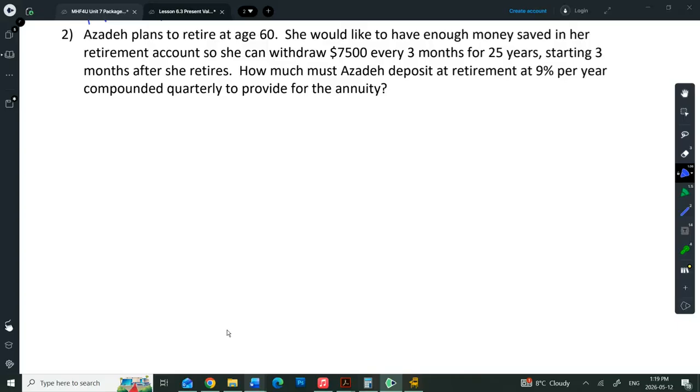How much must Zeta deposit at retirement at 9% per year compounded quarterly to provide for the annuity?